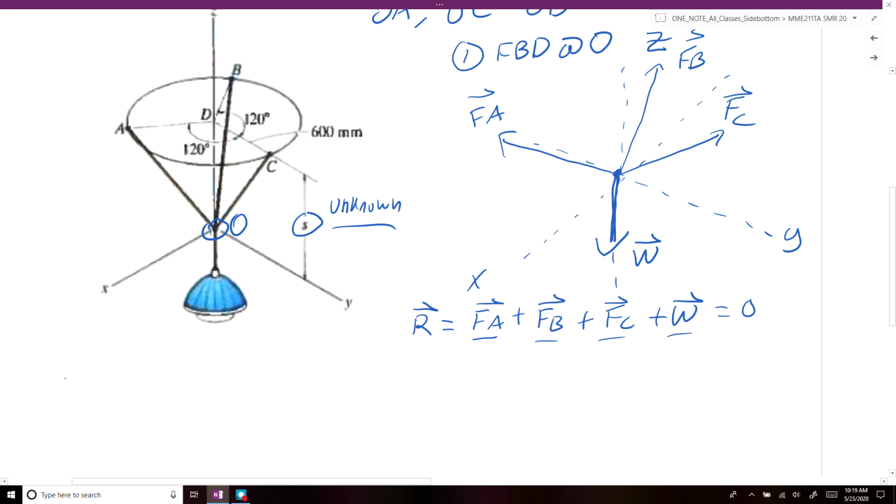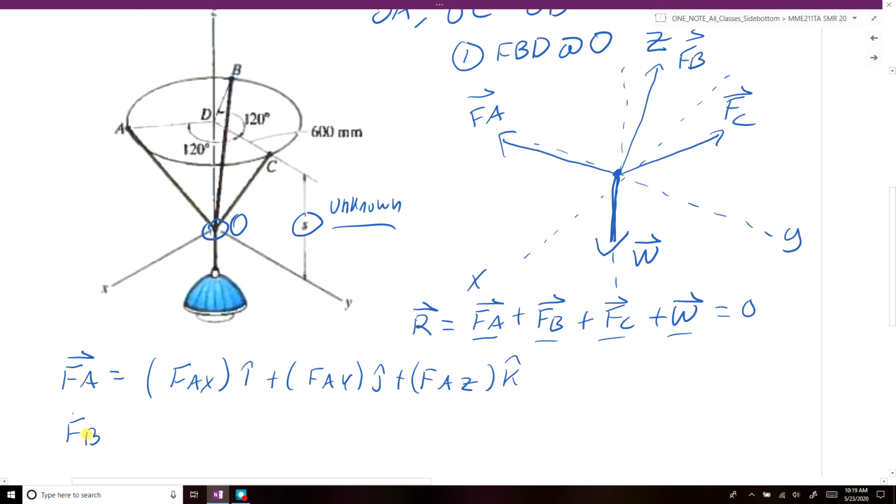We'll first start off with FA. We're going to write FA based off of how it's drawn. We'll have an x component, FAX i, plus its y component, FAY j, plus its z component, FAZ k.